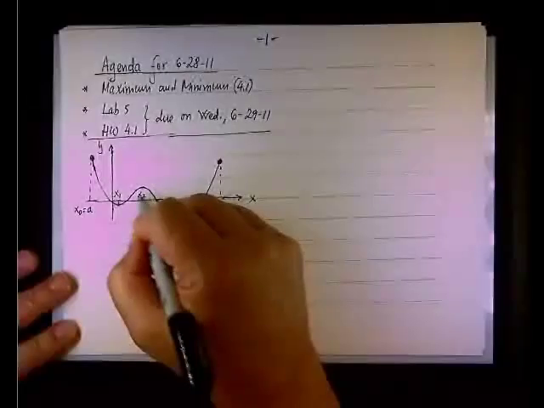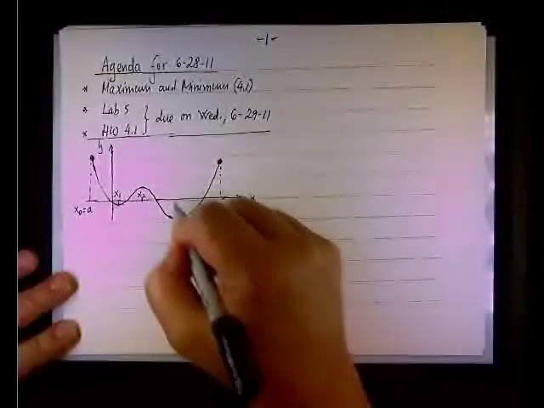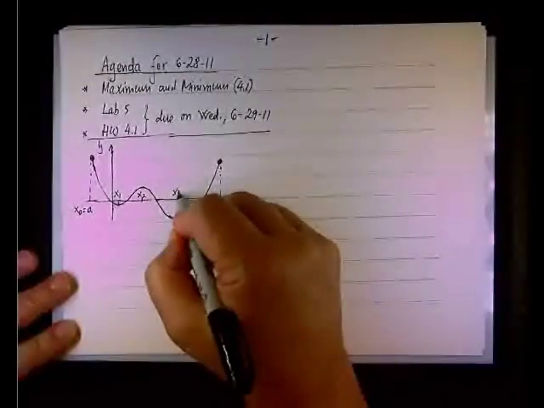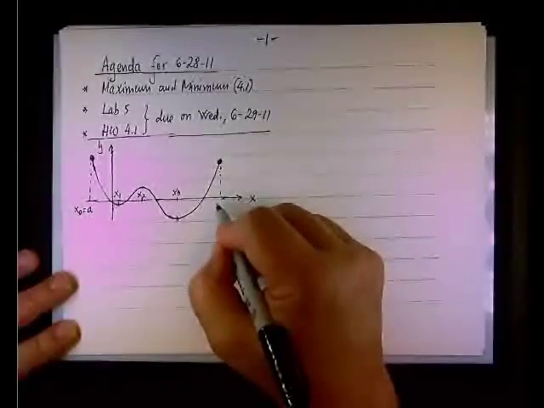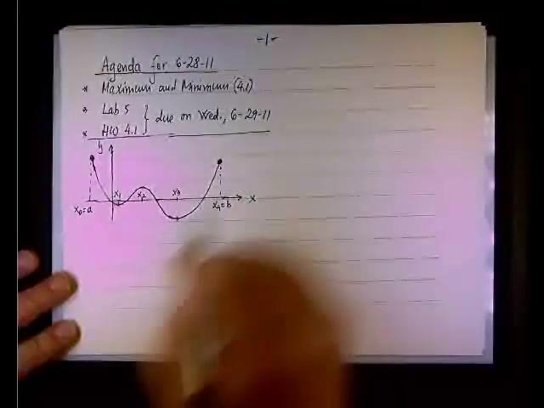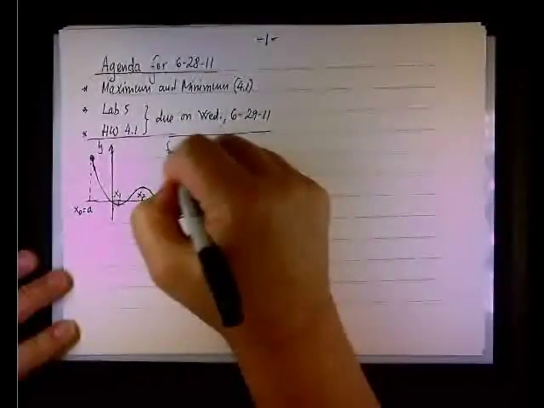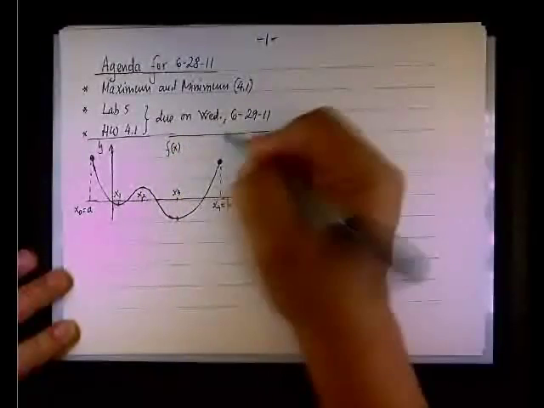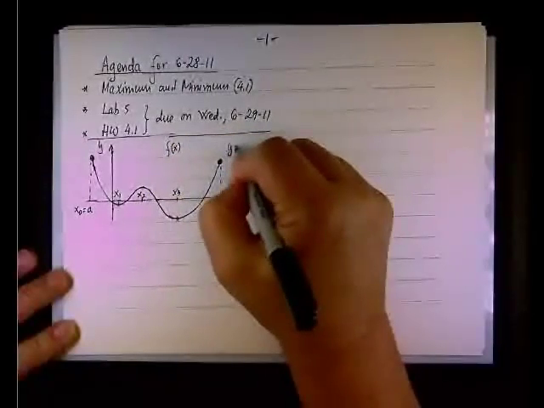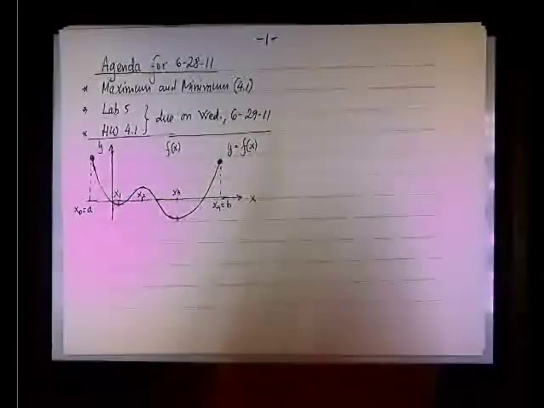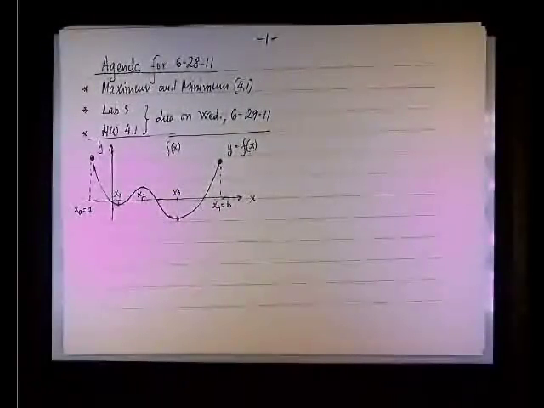Right here, x sub 2. And here we have x sub 3. And this will be x sub 4, and that would be b. So the function f of x, or y equals f of x, sits on an interval from a to b.